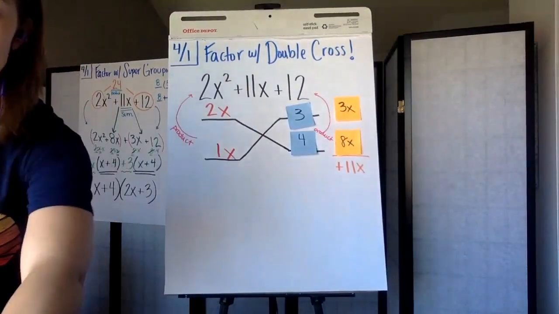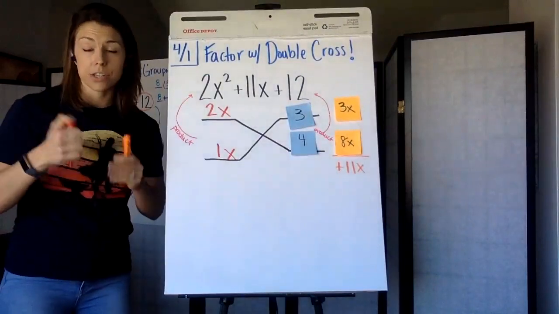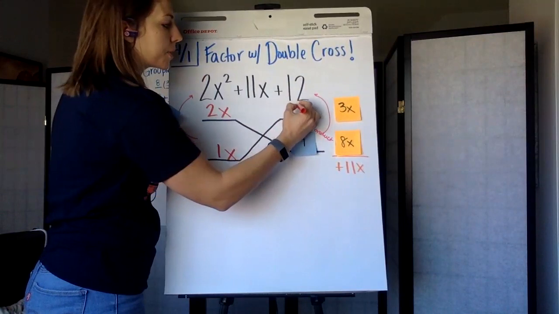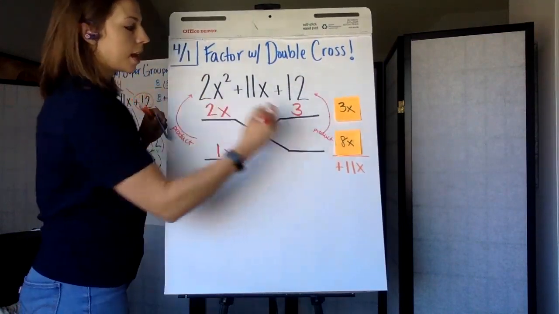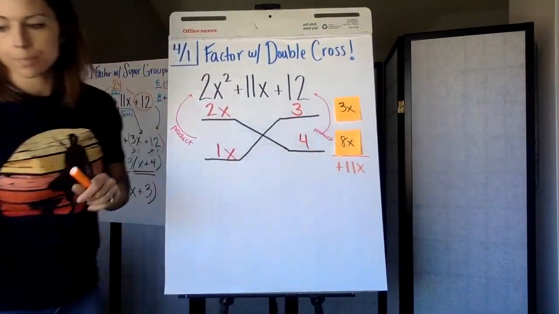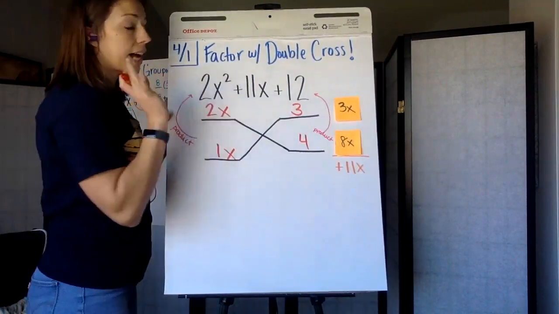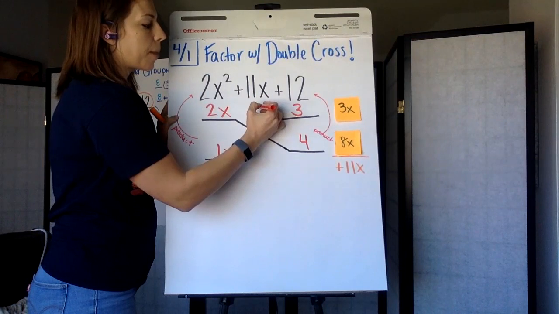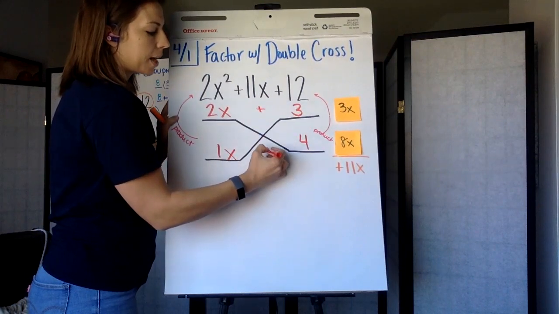Yay! So what we're going to do with that is I'm going to take out the Post-its and actually write in the numbers. So we found that this number is 3 and this number is 4. And those were, again, for the sake of what's going to happen next, a positive 3 and a positive 4.